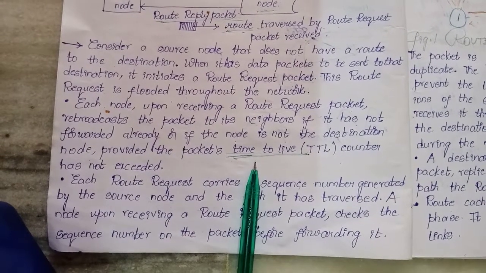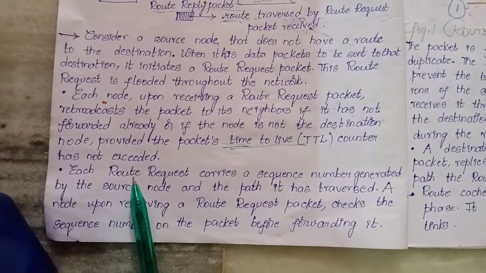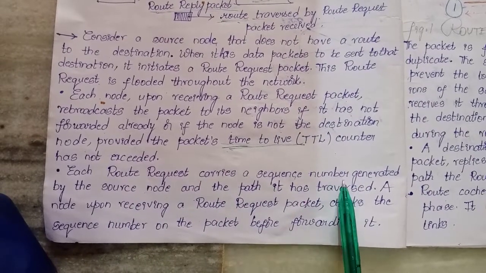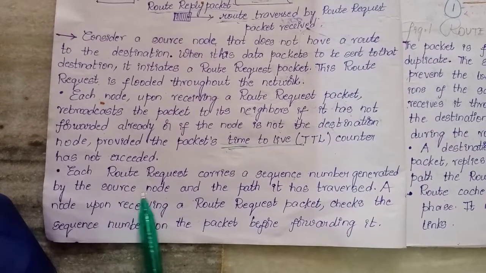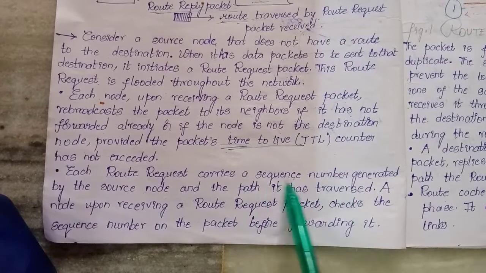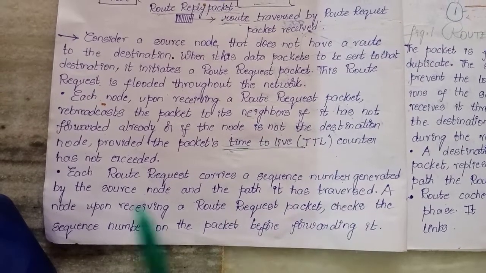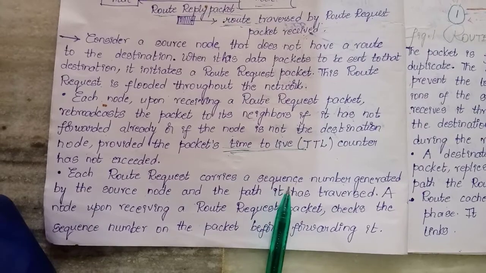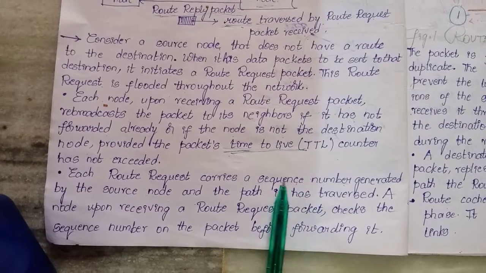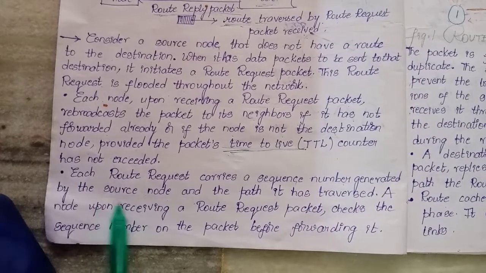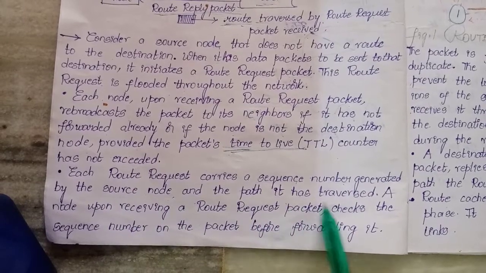Each route request carries a sequence number generated by the source node. Here the sequence number means nothing but a random number. It is just maybe 1102, 1202, like that, a random number which is generated by the source node, and the path it has traversed.